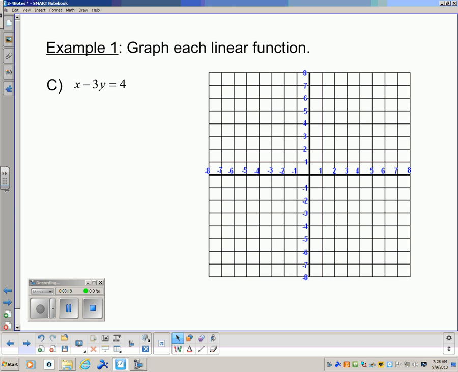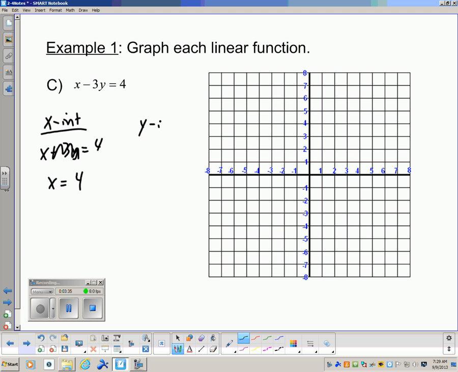So let's do the cover up method for this one. If I were to find the x-intercept, I'm going to cover up the y and solve for x. For my y-intercept here, I'm going to cover up the x this time. So I get negative 3y equals 4.